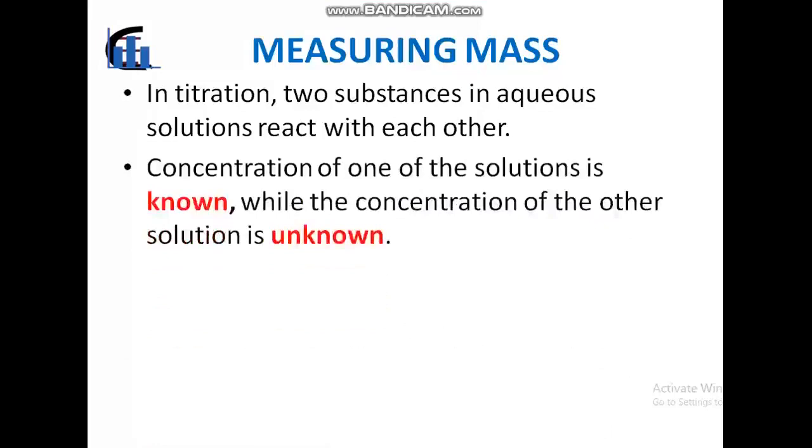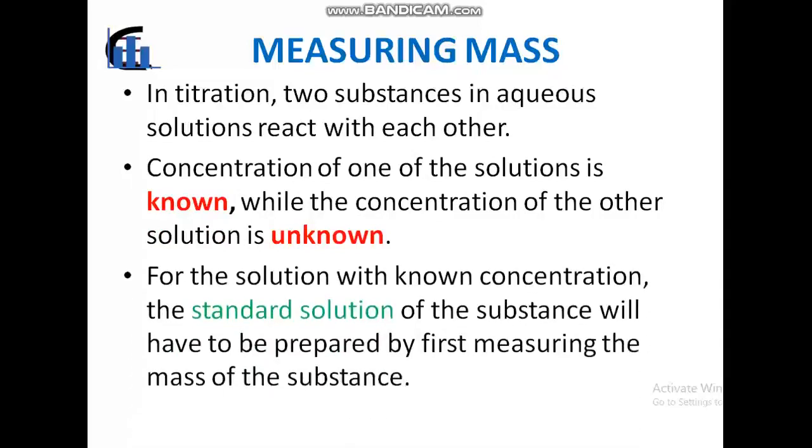Concentration of one of the solutions is known, while the concentration of the other solution is unknown. For the solution with known concentration, the standard solution of the substance, you have to prepare it by first measuring the mass of the substance.